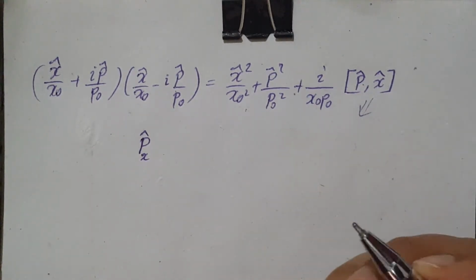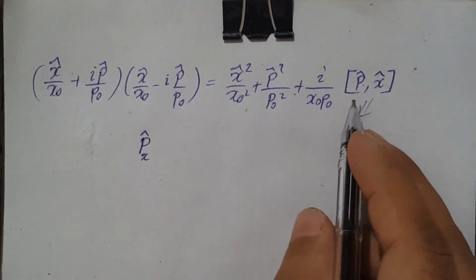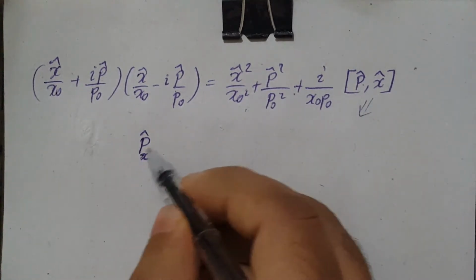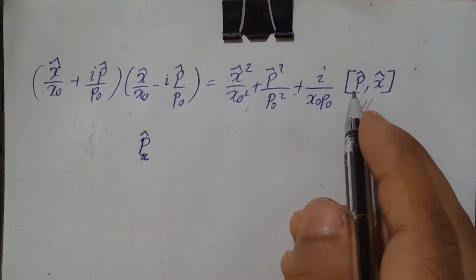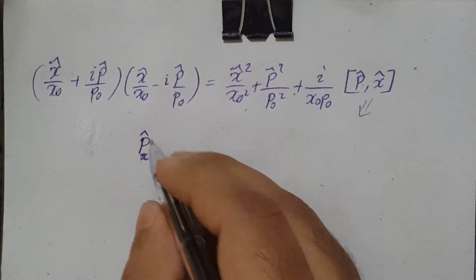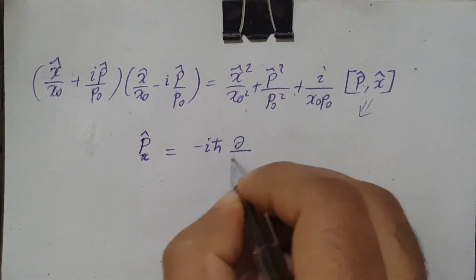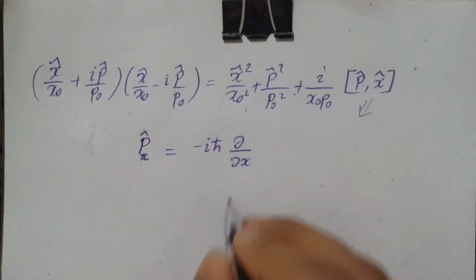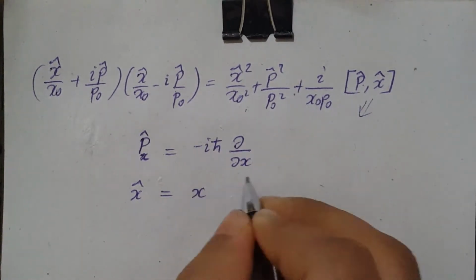Because we are considering a one-dimensional system, the momentum is only present on the x-axis, so we have p x cap. We should have written this before, but it's fine. Now what is p x cap? We know it is minus i h cut del by del x. This is the momentum operator. And similarly, x cap is just x.